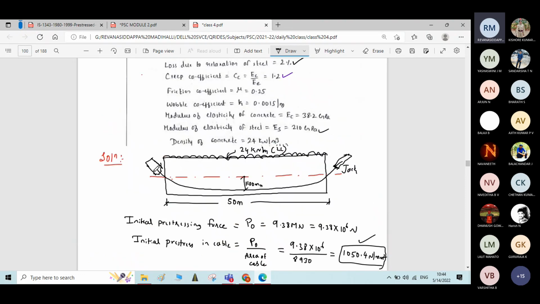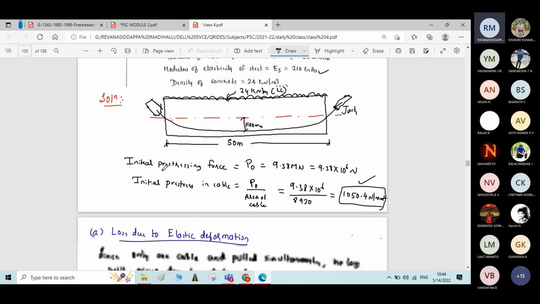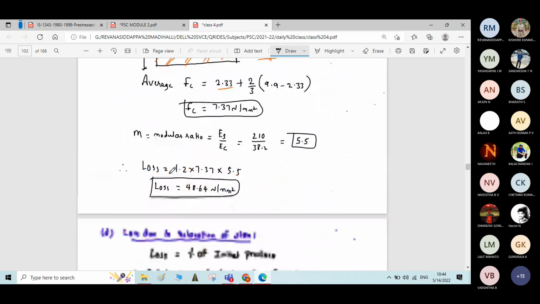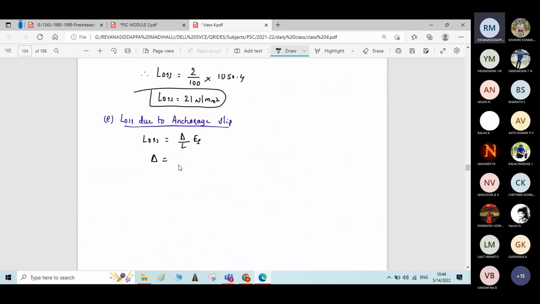So on both sides it will be 5 millimeter. Correct? Now delta is equal to 2.5 millimeter per anchorage for one side, so for both the sides it will be a total of 5 mm.